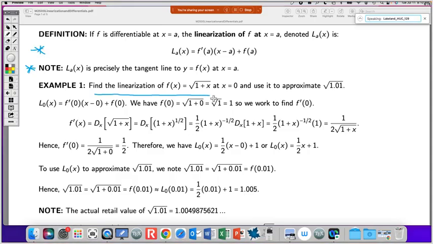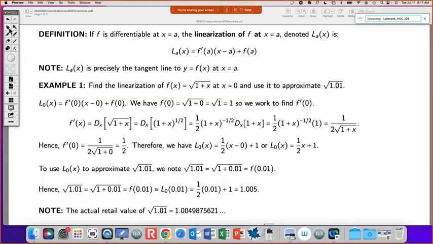Find the linearization of f of x equals the square root of 1 plus x at x equals 0 and use it to approximate the square root of 1.01. Okay, so if you're going off to engineering, physics, things like that, you'll see this kind of thing happen all the time, especially with this function.